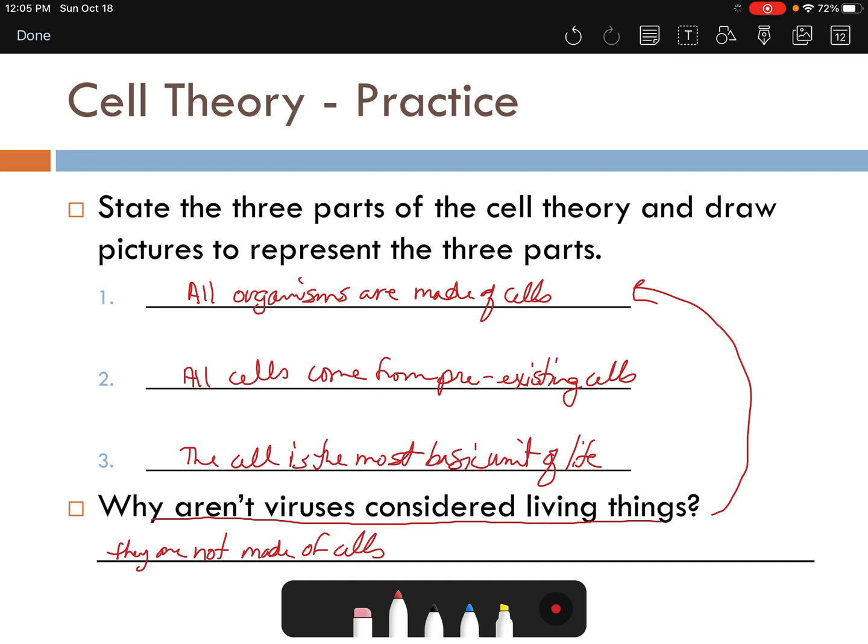That's how viruses work, they kind of take over the host cell and make the host cell help produce more of them. But they are not made of cells, which is a lot of times why we don't think of them as being true living things, even though they can cause a lot of harm. And they do still have genetic material, and they still can replicate. They have to be in another organism's cell before they can do that. Okay? So this is just a little introduction to cells.